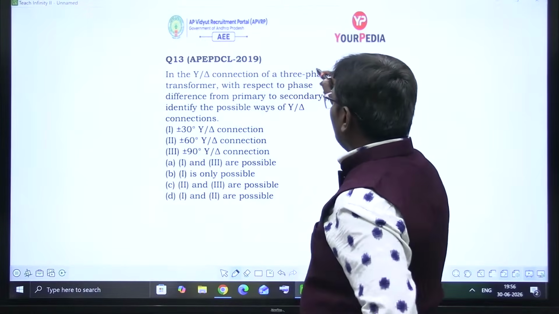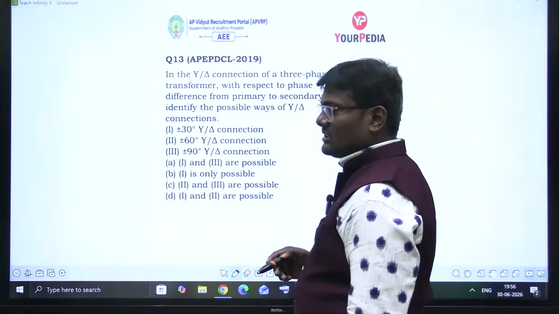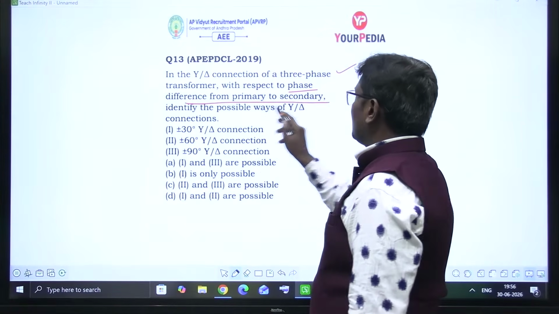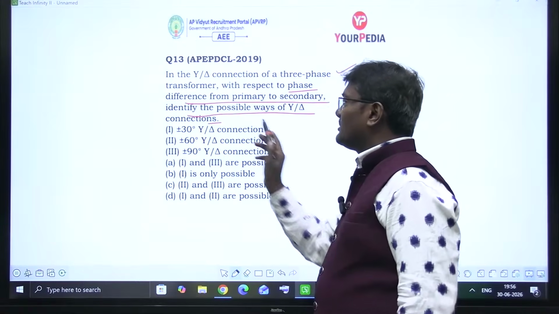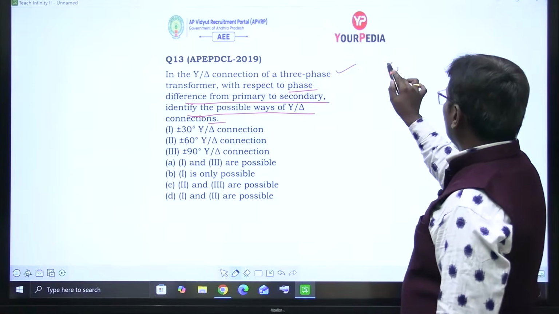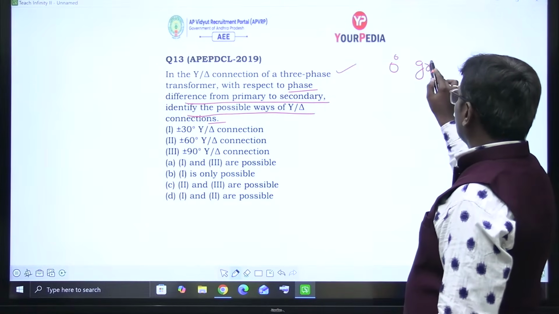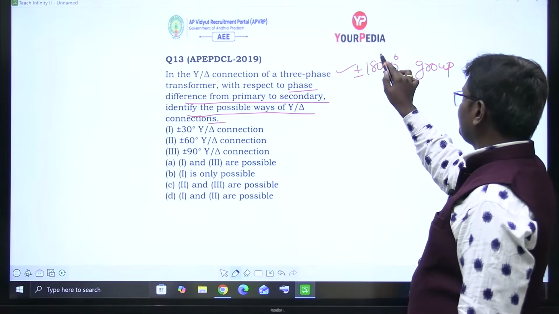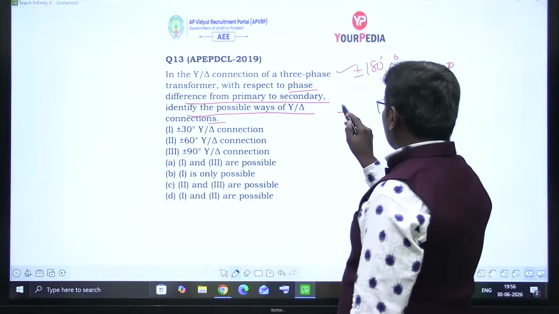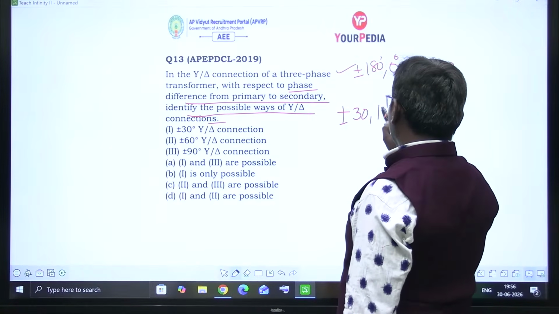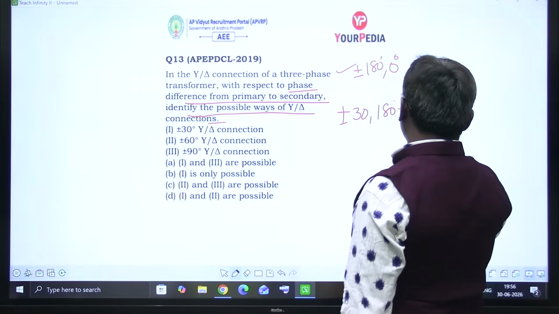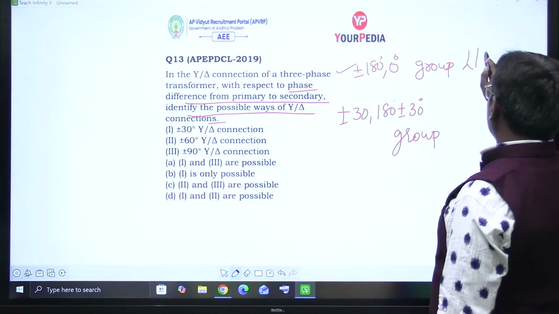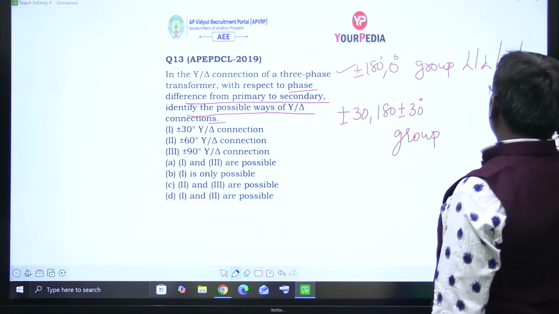Right. So in the star by delta connection, with respect to phase difference from primary to secondary, identify the possible way. There are two groups, one is the zero group, 0 or plus or minus 180, and another one is the plus or minus 30, 180 plus or minus 30 degrees group. So this is star by star, delta by delta.